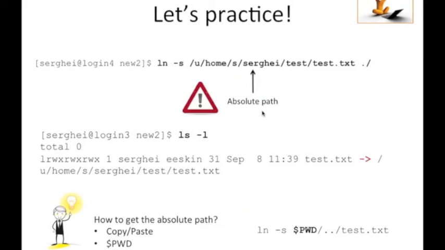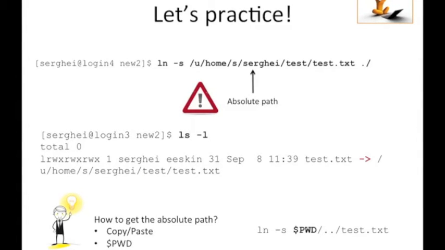So in this case, being located in directory new2, we will create the link to the file which is located in the test directory. The name of the file is test1.txt. Here I put /, which stands for the fact that I'm not changing the name, so I will preserve the name.